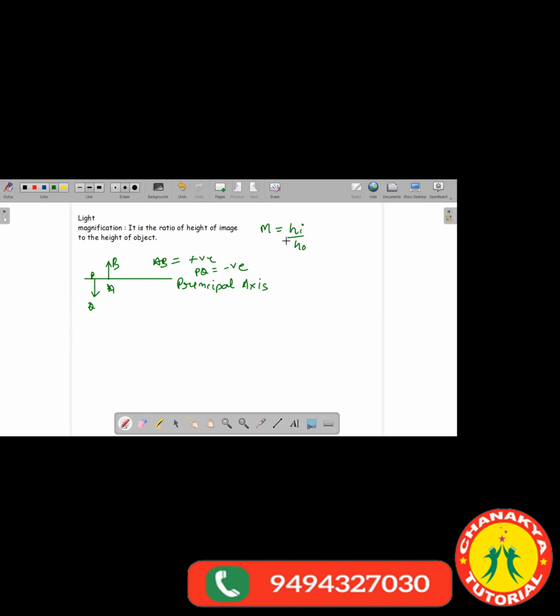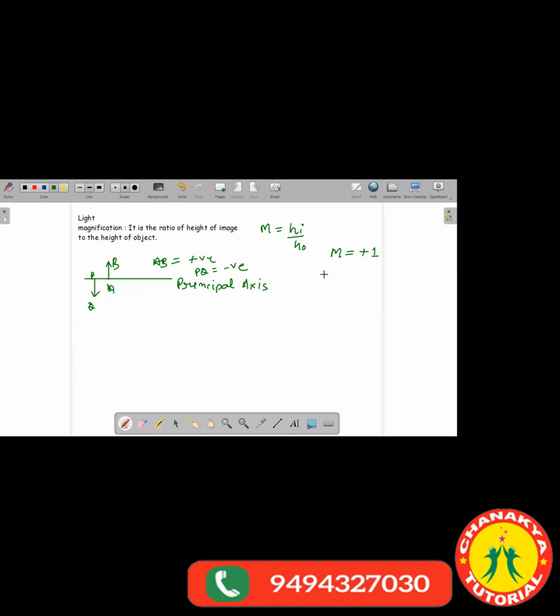If I get magnification as positive, what does it mean? Suppose I obtain the value of magnification as +1. What can you say about the image? How is the image formed?